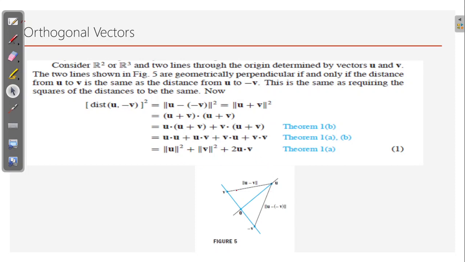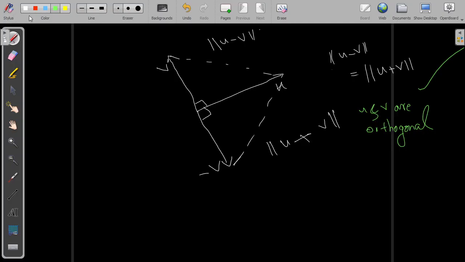The distance between u and minus v will be norm u minus minus v, that is norm u plus v.